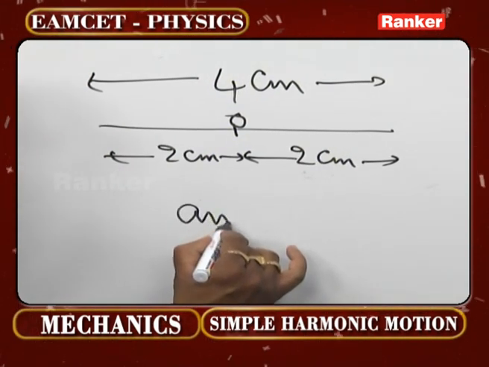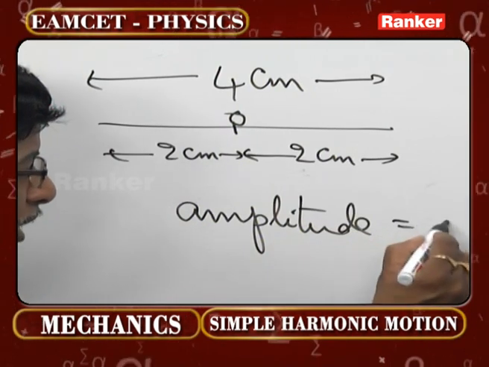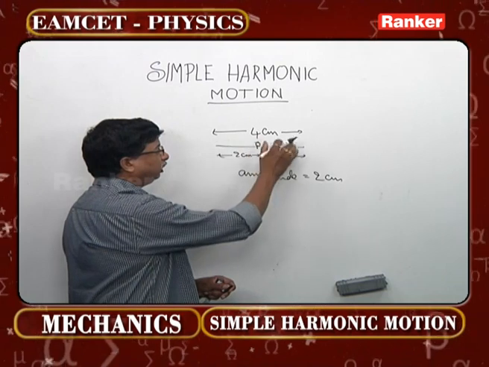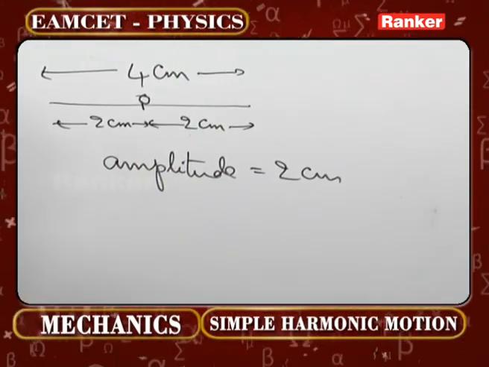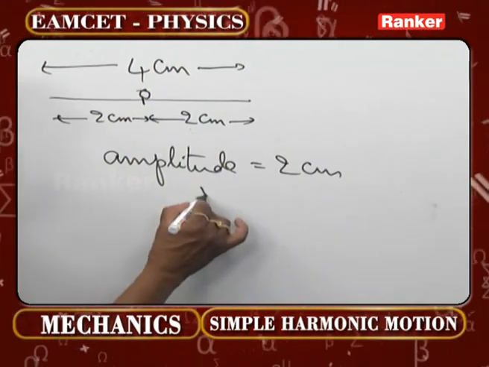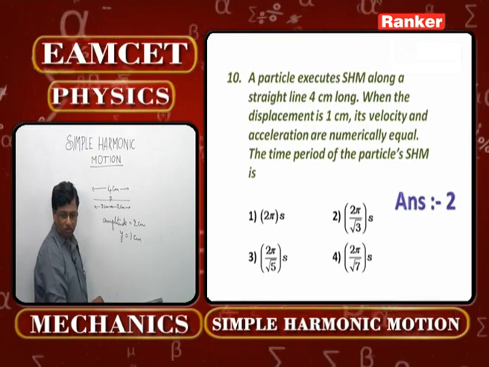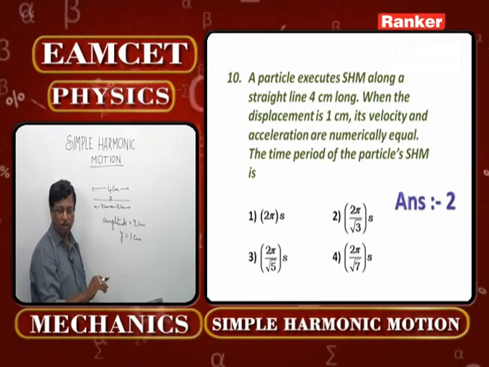So what will be the amplitude that is given over here? That now will be 2 centimeter. That is the meaning of giving you 4 centimeter long path. And of course, what else he has given you? Displacement is given 1 centimeter as such. Its velocity and acceleration are numerically equal.